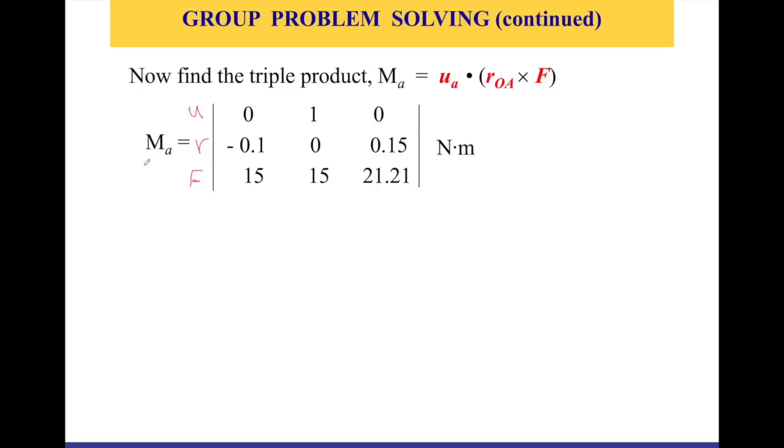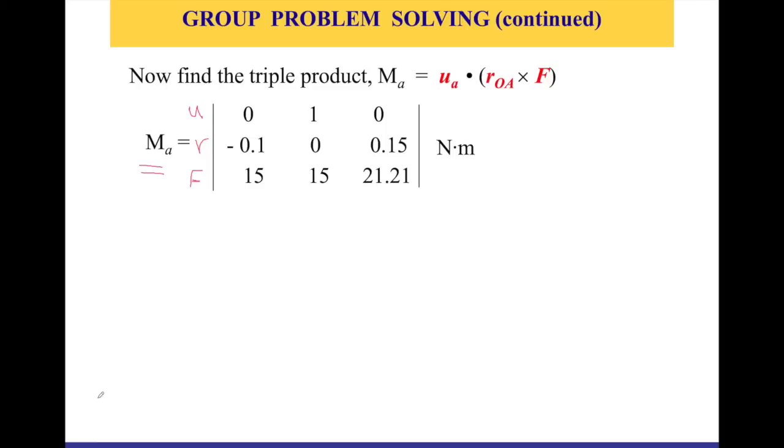And then you have your moment as a triple scalar multiplication. So my U is in j, so 0, 1, 0. Your R, those are the values of R: minus 0.1, 0, I don't have a j, 0.15. And then the force is from the multiplication with the cosine coordinate angles: 15, 15, and 21.21.